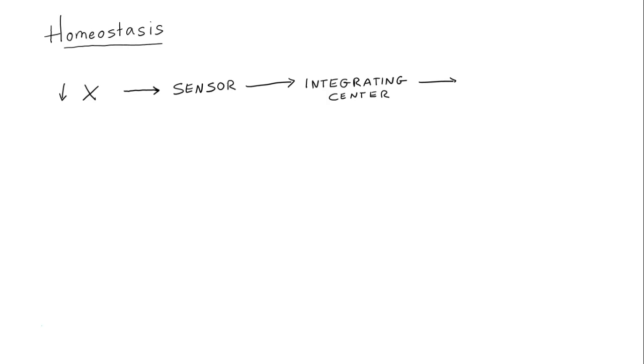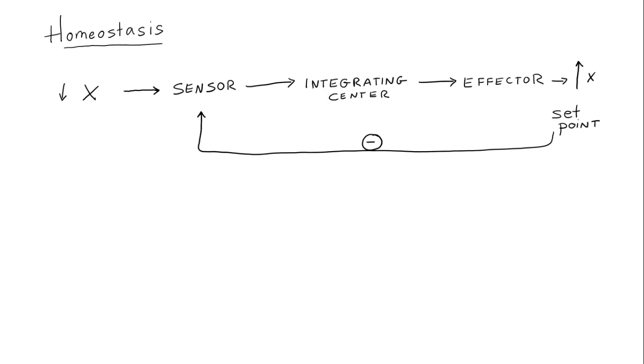The integrating center is often the brain. It interprets the information and sends the message to an effector. The effector accomplishes the task, causes the level of X to rise again to its set point. And now that X is back to normal, it shuts off the action of the sensor. This shutoff is called negative feedback.